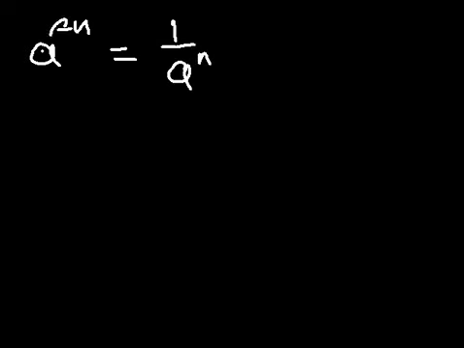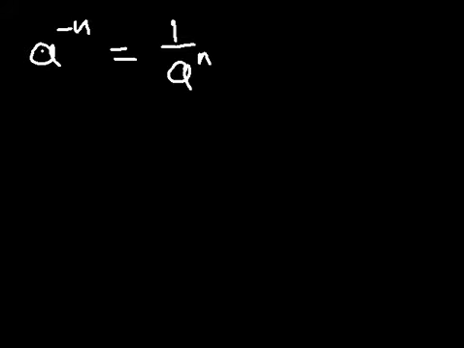So the removal of this negative makes it that we have the reciprocal of a to the power positive n. So keep that in mind. You understand how this one is basically used, but keep that in mind.